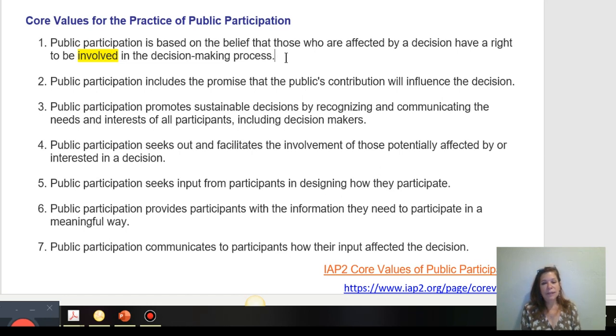Okay, so you can see that this very first core value comes from the perspective of the public servant technician, either in the nonprofit or in the government, who basically says, well, we've got to make XYZ decision, but we believe that the community has a right to be involved in that. Involved, that could be a little bit involved, that could be a lot involved.